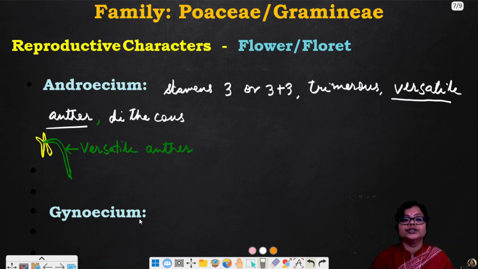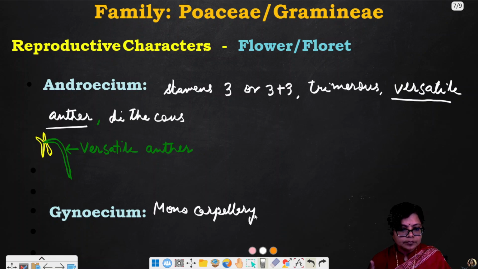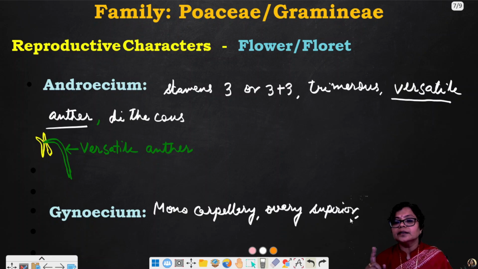Next, gynoecium. What have we discussed just now? Gynoecium, that is 1 in number. So we can write monocarpellary, ovary superior, and with single ovule, one ovule.